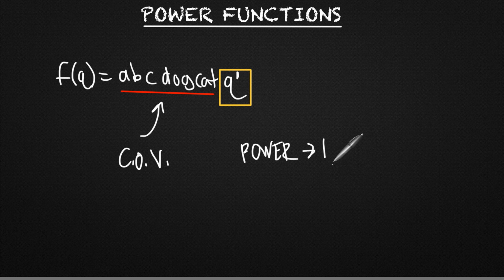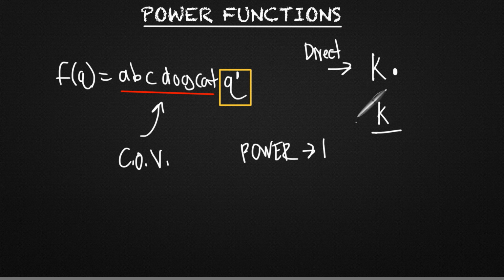All right? So these power functions can either vary inversely or directly. If they vary directly, that means you need to do k times whatever the equation is. If it varies inversely, it's going to be k divided by whatever the function is. So this is direct variation, and this, k divided by, is inversely proportional.